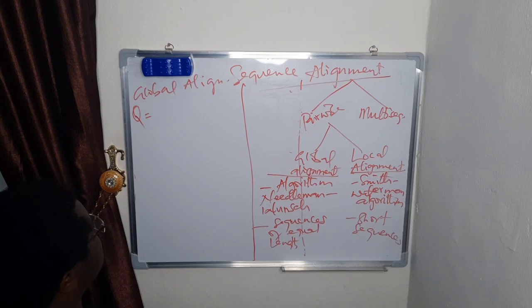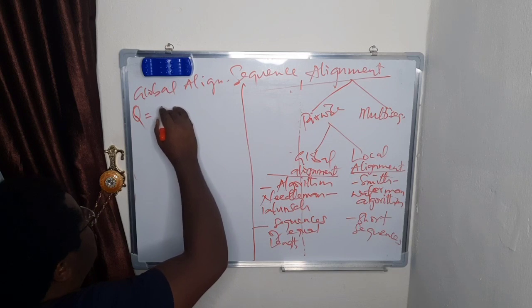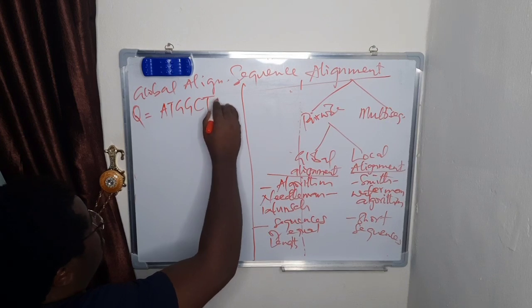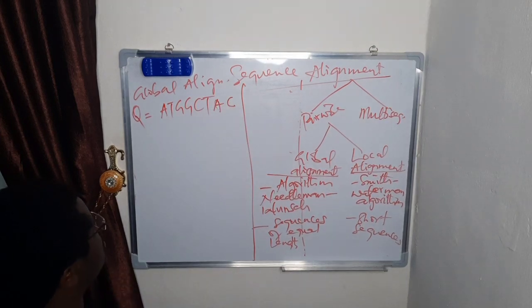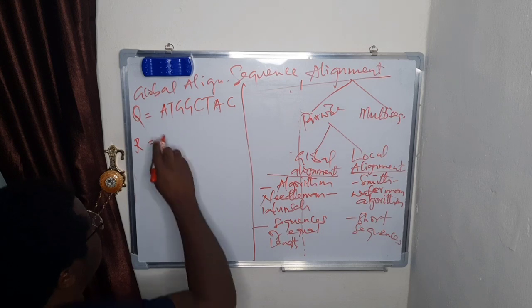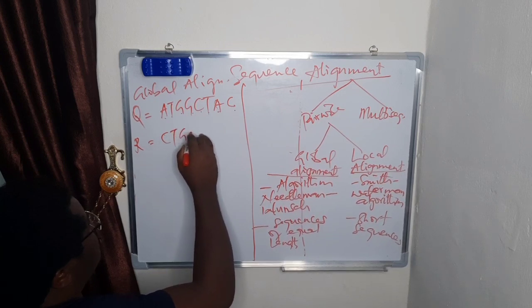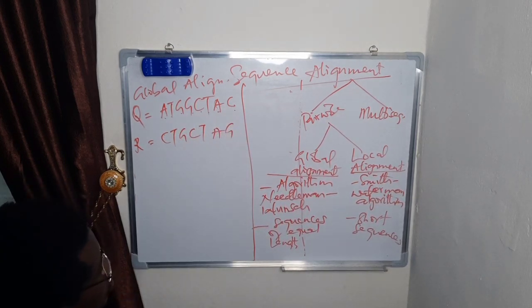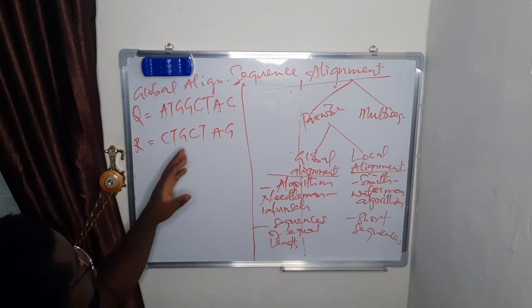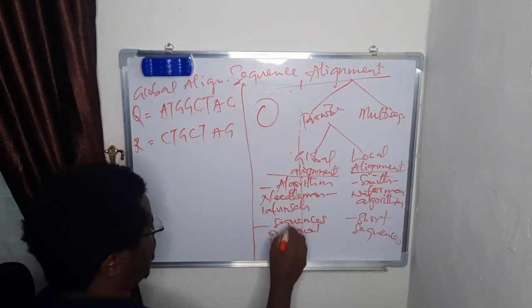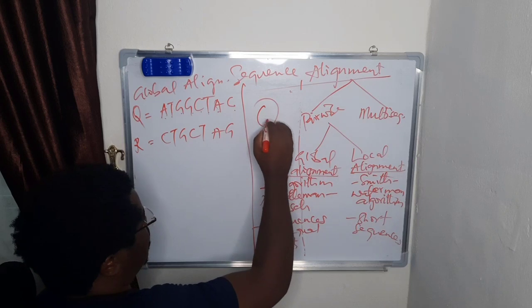That's the experimental sequence we want to analyze, say A, T, G, G, C, T, A, C. Then the reference sequence, positions 1, 2, 3, 4, 5, 6, 7, 8, we may have C, T, G, C, T, A, G. So in global alignment, remember, the algorithm is Needleman-Wunsch. That is what is here.